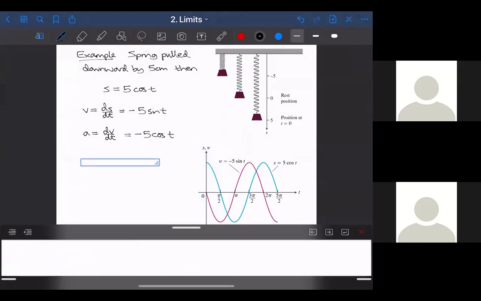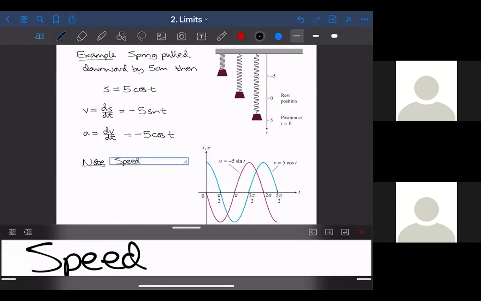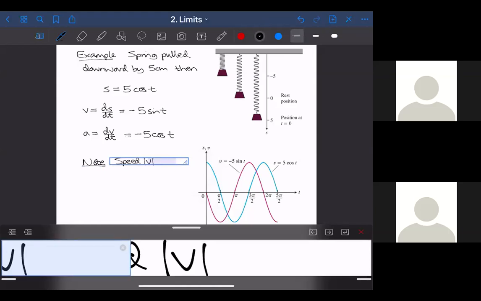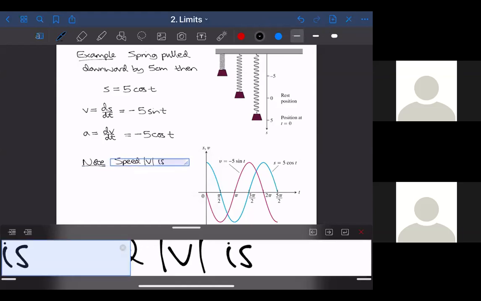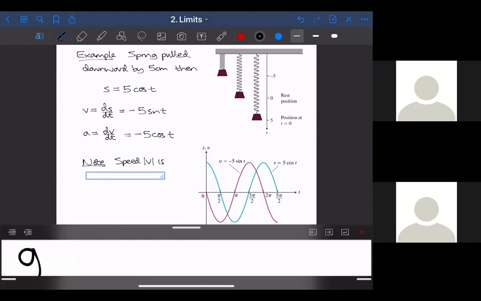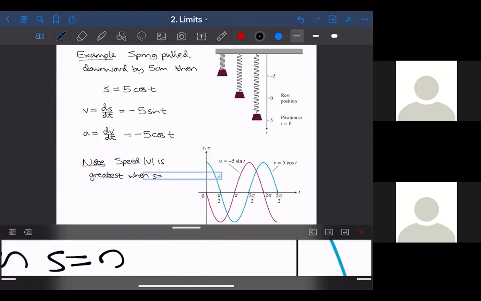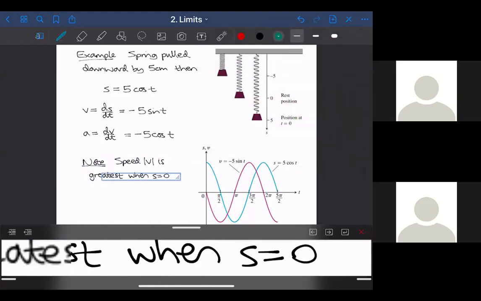So some notes on this. The speed, which remember is the absolute value of V, is the greatest when S equals 0. So let me draw in those points.